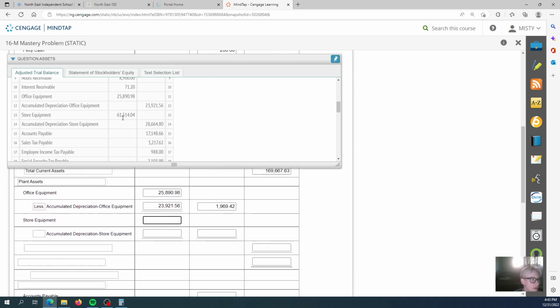Okay, then we have our store equipment. What do we have here? 61,514.04. Okay, less accumulated depreciation for store equipment.